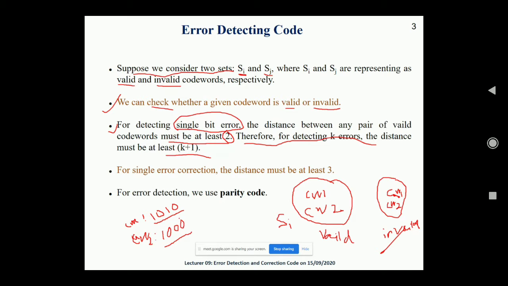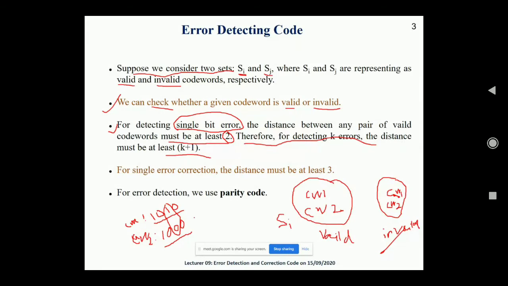See here, there is only a single bit error. Only this particular bit is different and the other bits are the same: 1 is the same, 0 is the same. The third position 1 is converted to 0.